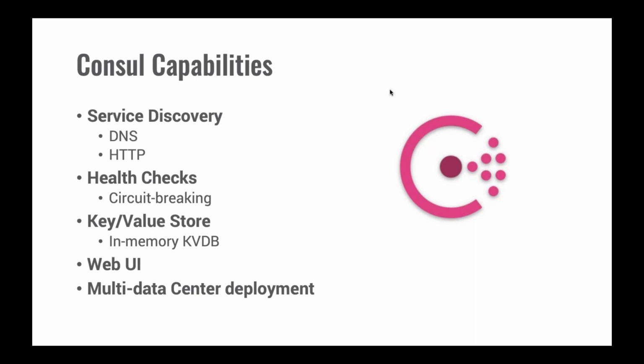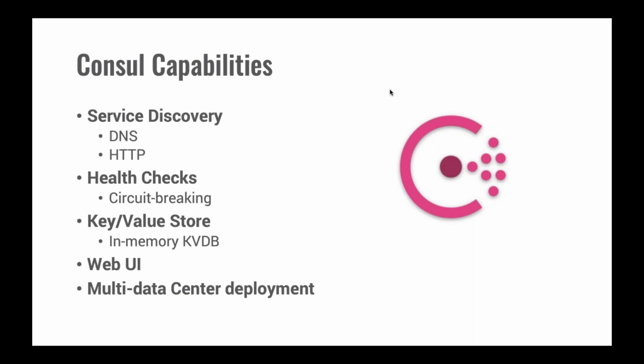As I mentioned, Consul is a phenomenal key value store. It is a highly available in-memory key value database. You can use it to push a variety of data, which is going to be available to all the agents, all the clients that actually need to access, and it is going to maintain this in-memory. So it's going to be very fast.